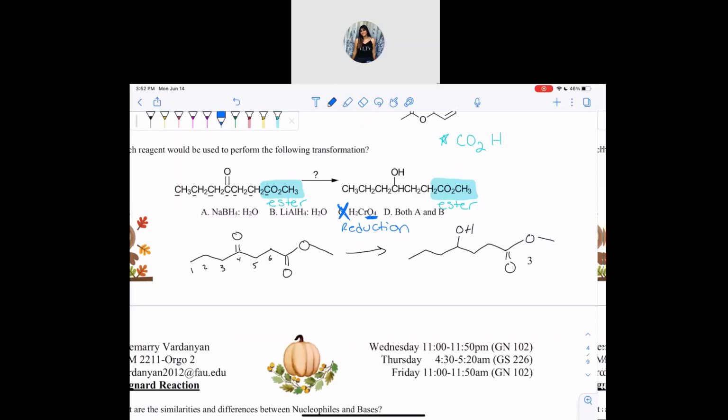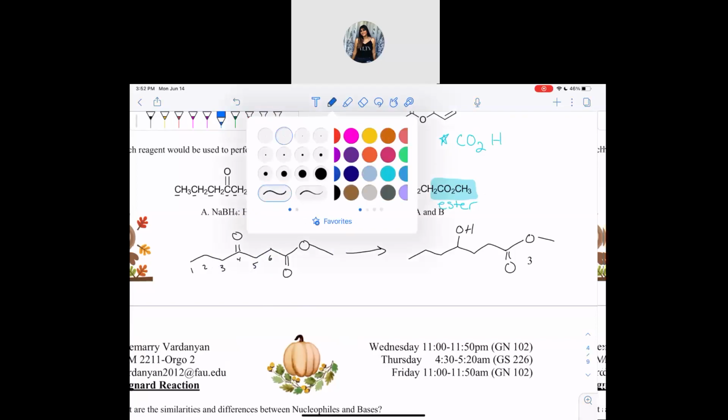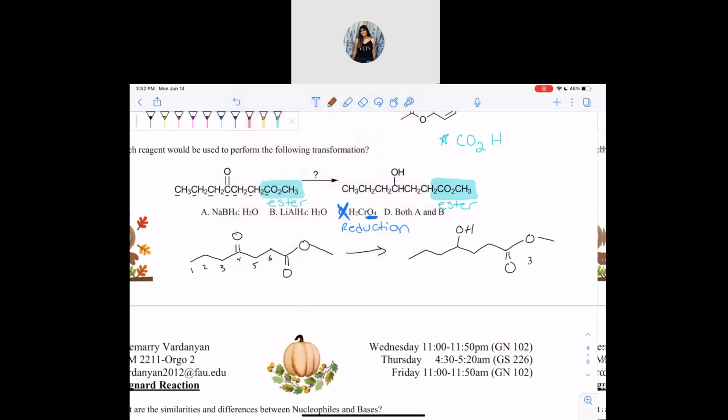All right, and then someone made a really good point. They said something along the lines of, this one was reduced, but this one was not. So let's think. Ketone, is that group 1 or group 2? Yes, ketone is group 1.